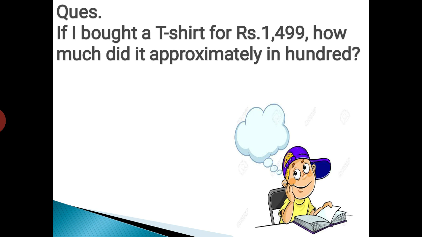So children, before beginning the class, just tell me, if I bought a t-shirt for rupees 1499, how much did it cost approximately in hundreds? That means if I bought a shirt for rupees 1499 and I want to round off to the nearest 100, how can I do it? Just think.